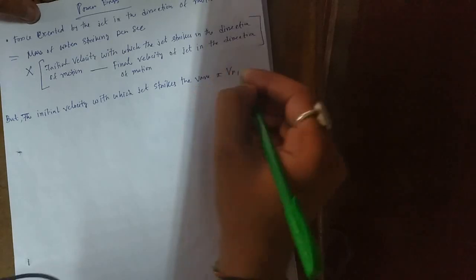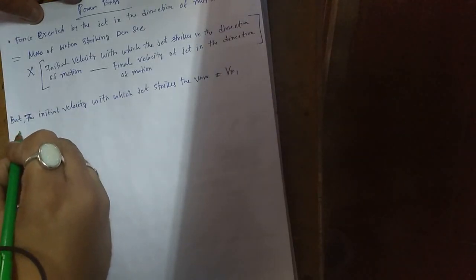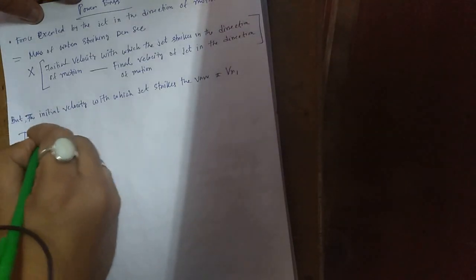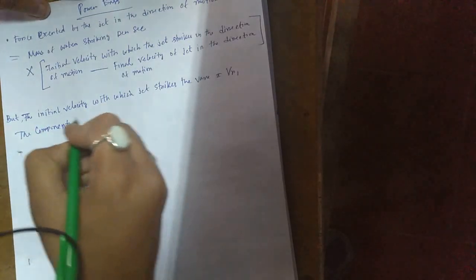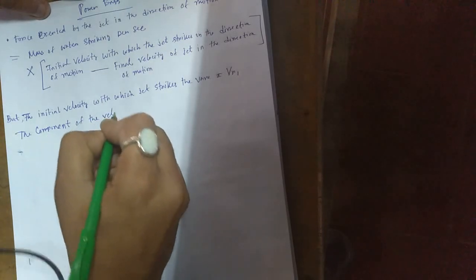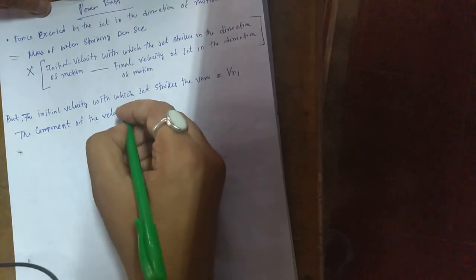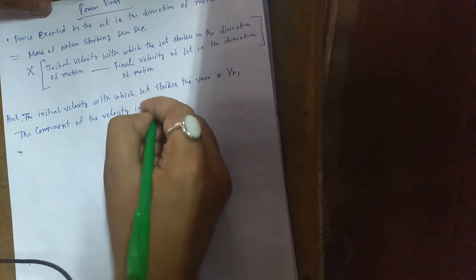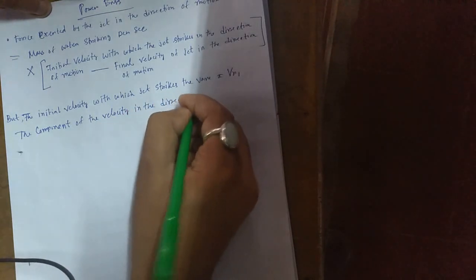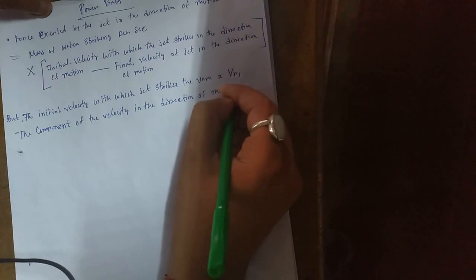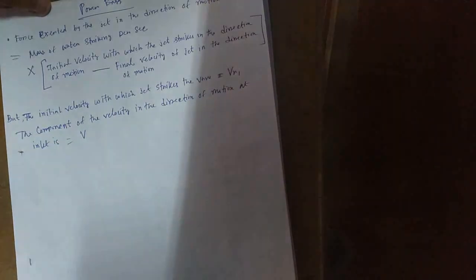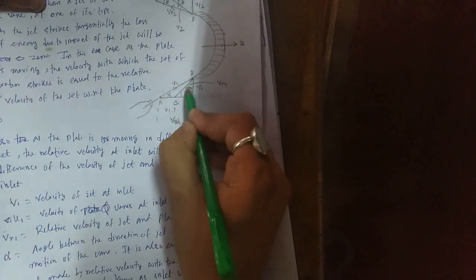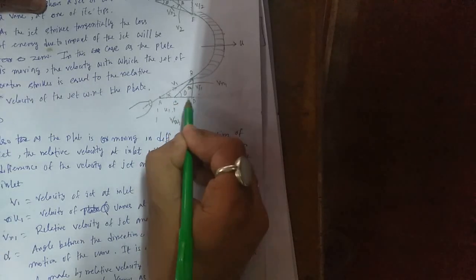So the component of the velocity in the direction of motion at inlet is VR1 cos theta.